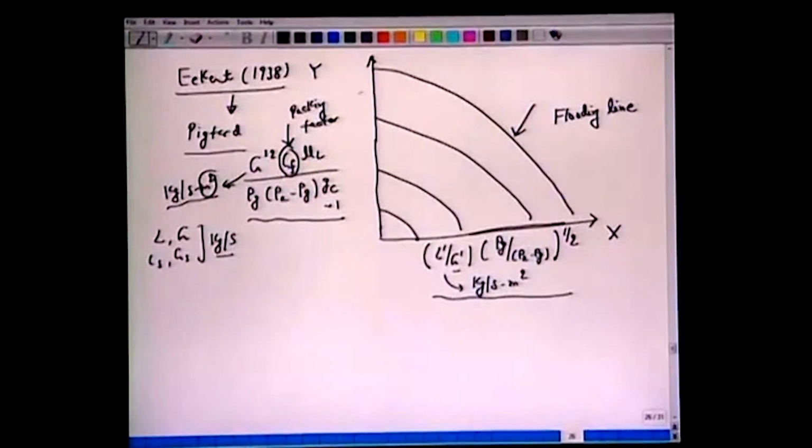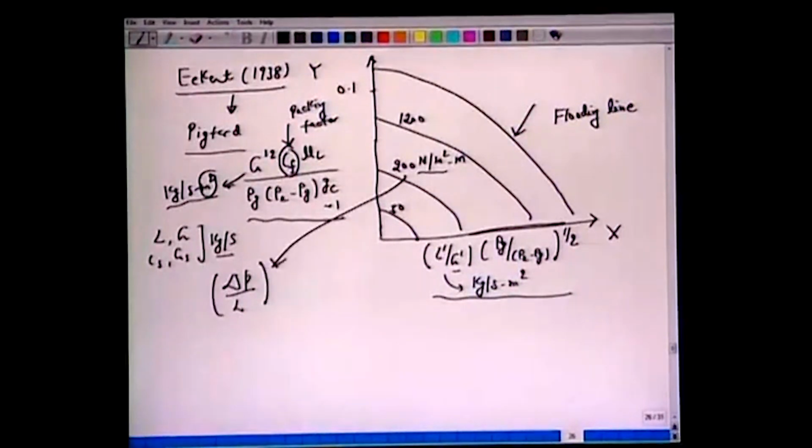And here you have some numbers like 0.1 etc., and each curve will have a certain number, say 12, 1200, 250. This is Newton per meter square per meter. So if you recall, this is nothing but your pressure drop per unit length. So this is what we have, right?